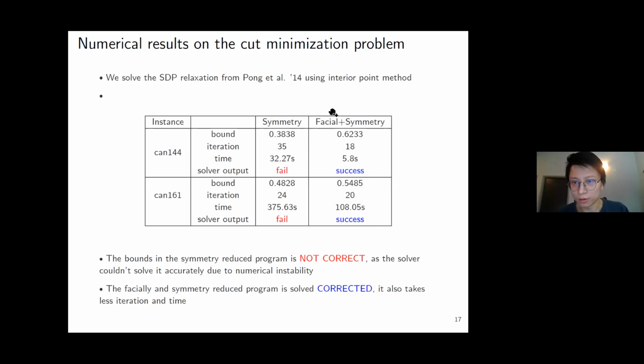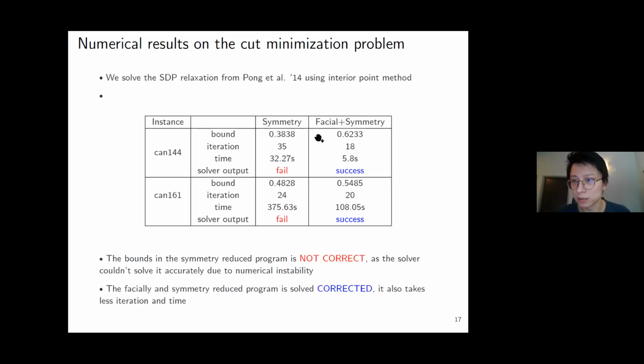So let's try to solve the facially and symmetry reduced program, which in theory means that we can solve it correctly. And you run this, and the solver indeed tells you that, oh, we found the optimal solution. Everything was successful. There's no problem. We observe that it takes much less time. And also the number of iterations is 18, which is a reasonable number for the interior point method.